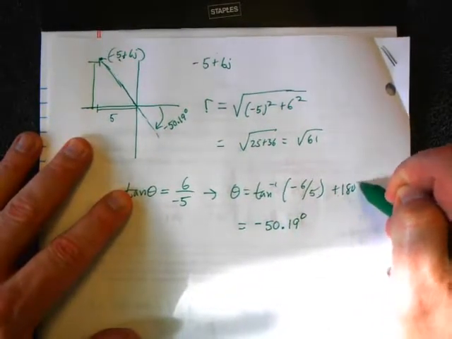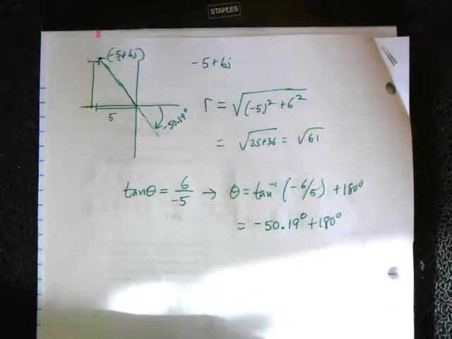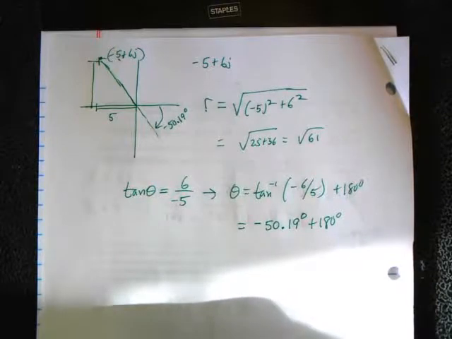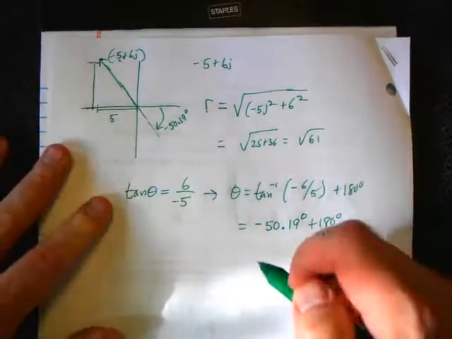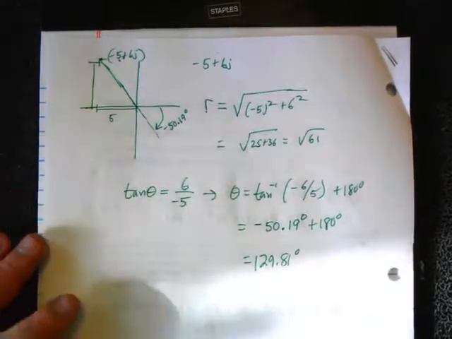So in this case, to get the right angle, we have to add 180 degrees. So watch out for that. If you're in the second or third quadrant, you're always going to have to add 180 degrees. So 129.81 degrees is the right answer.